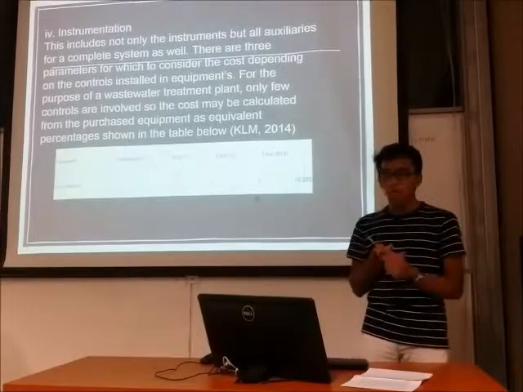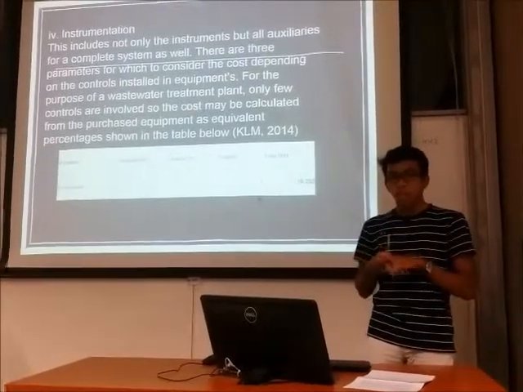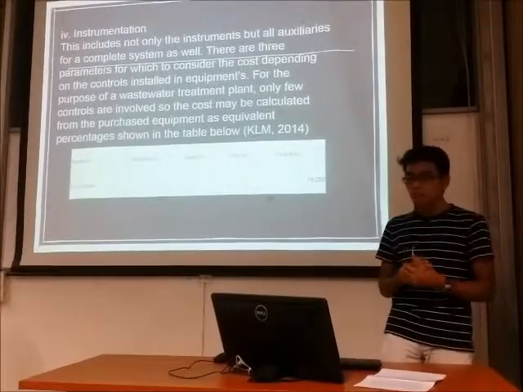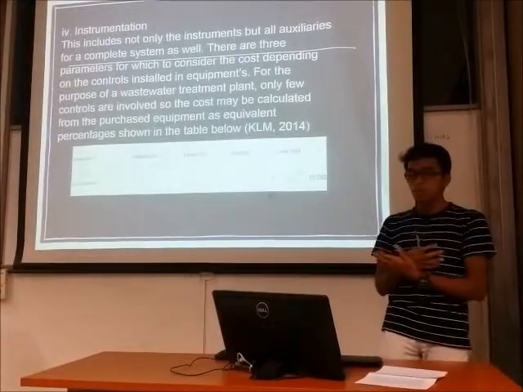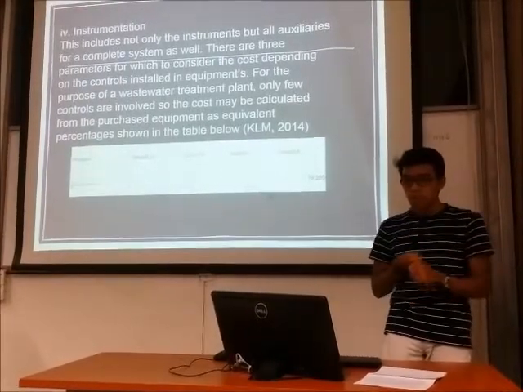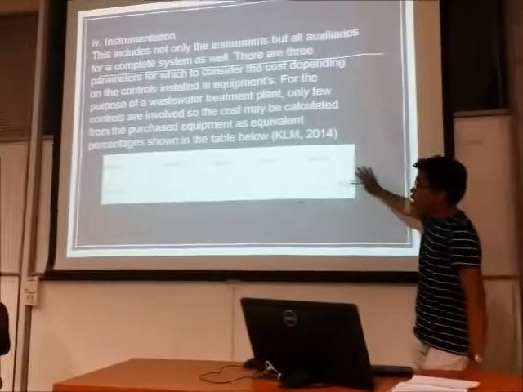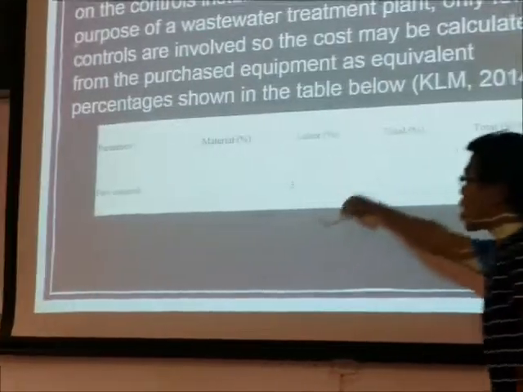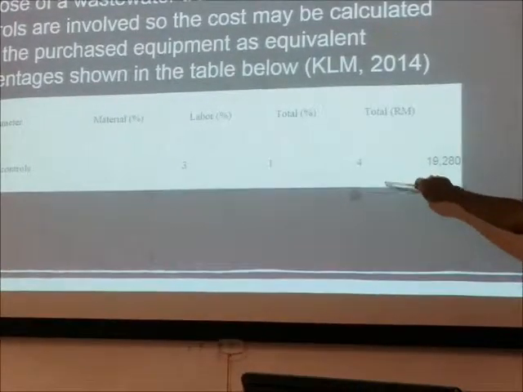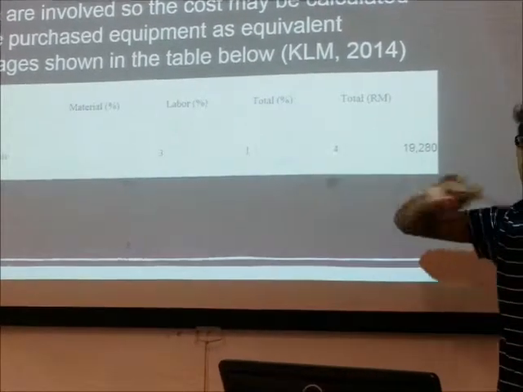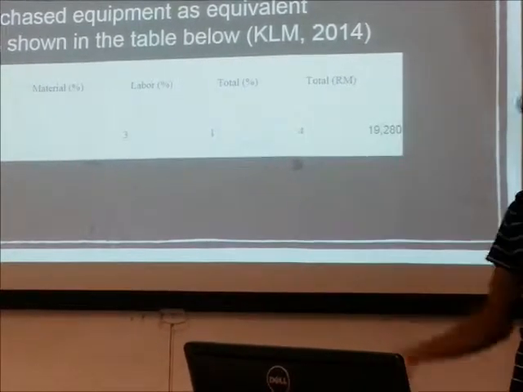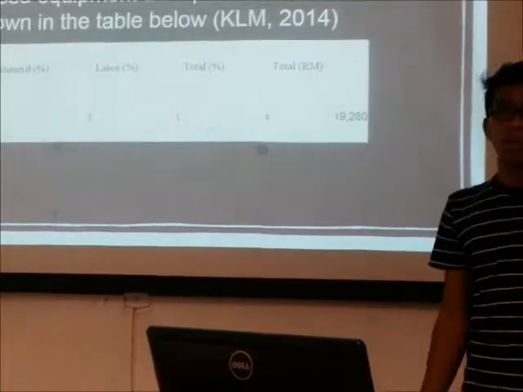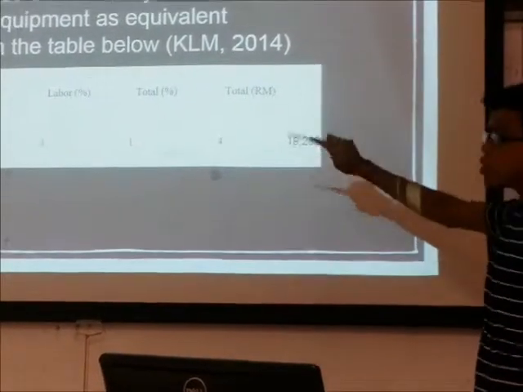For the purpose of a wastewater treatment plant, only a few controls are involved, so that cost may be calculated from the purchase equipment as an equivalent percentage shown in the table. For example, we have material 3%, labor 1%, so total will be 4%, and then 4% times the calculated purchase equipment cost. Then we get this value 9,280.